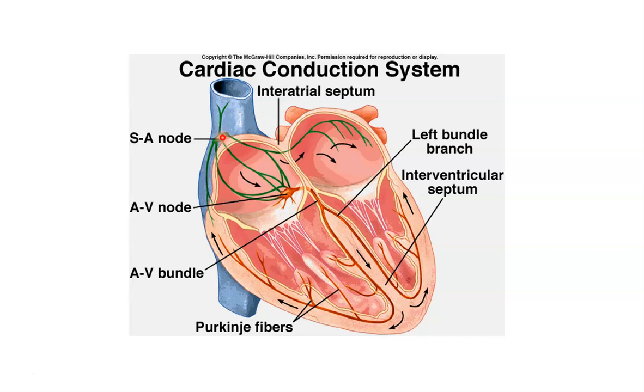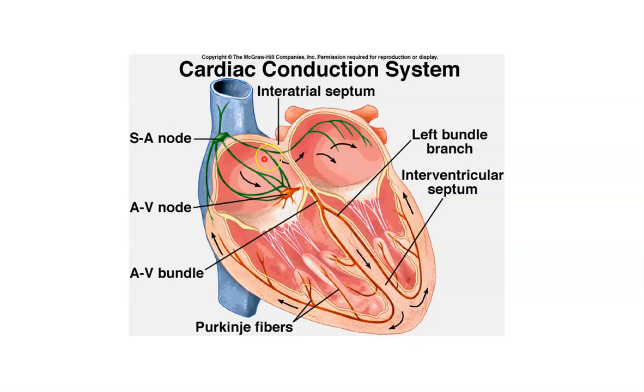So what happens to one heart cell is then transferred to another heart cell that it's connected to, and then another heart cell that it's connected to. The SA node is going to set the rhythm because it beats faster than all the other cells. It's like the pacemaker. If you think about a pacer in a race, they are the ones that set the rhythm. And the SA node does that.